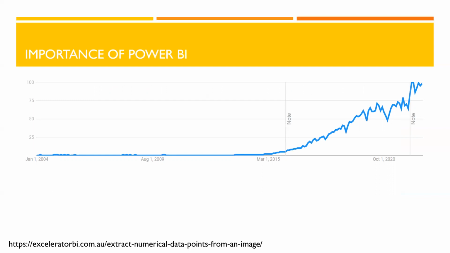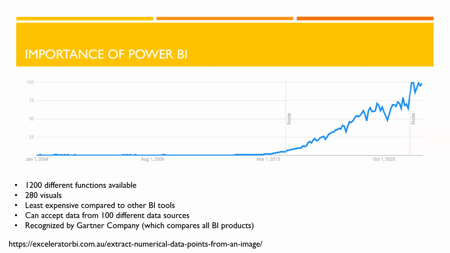These are some important features of it: more than 1,200 functions and 280 visuals. It is also much less expensive compared to other BI tools. Tableau Desktop is the paid version, and Power BI Service is the paid version of the two different BI tools.